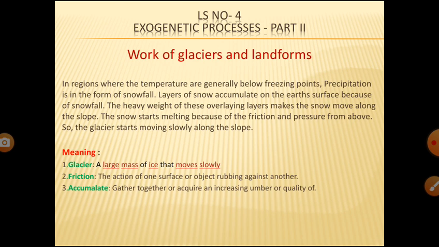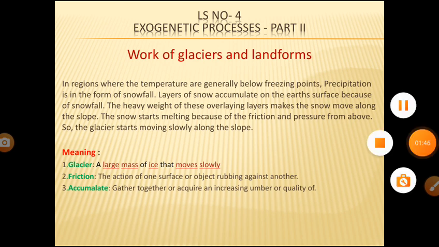At the base of the layer, the snow starts melting because of the friction and the pressure from above. Children, here the meaning of friction is the action of one surface or object rubbing against another. The glacier starts moving slowly along the slope.